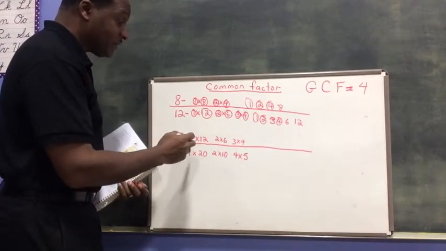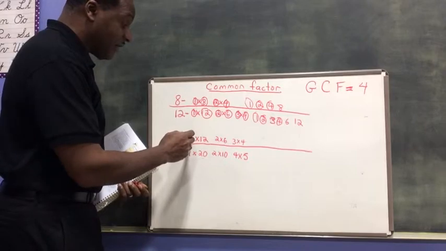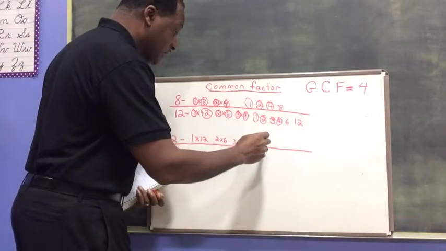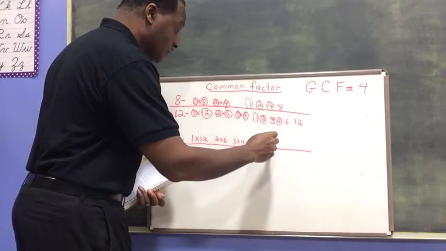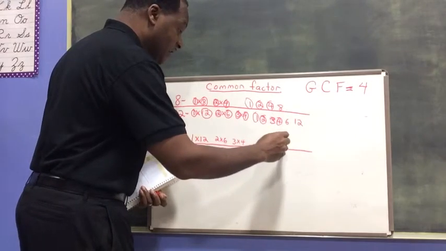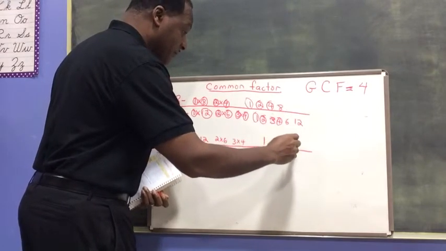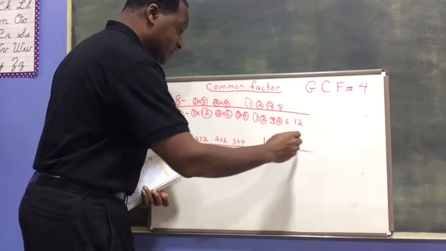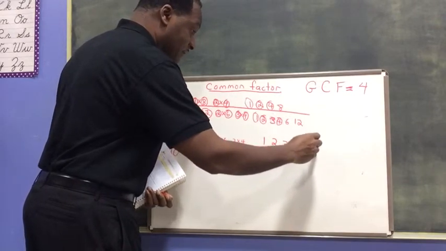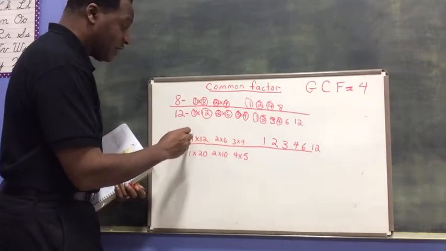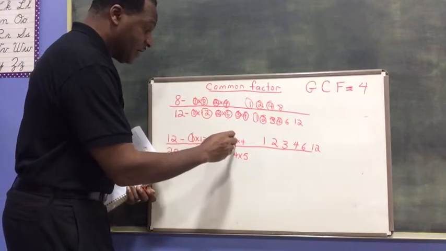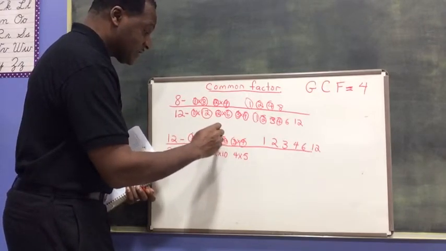Anyway, so the factors of 12 are then what? 1, 2, 3, 4, 6, and 12.